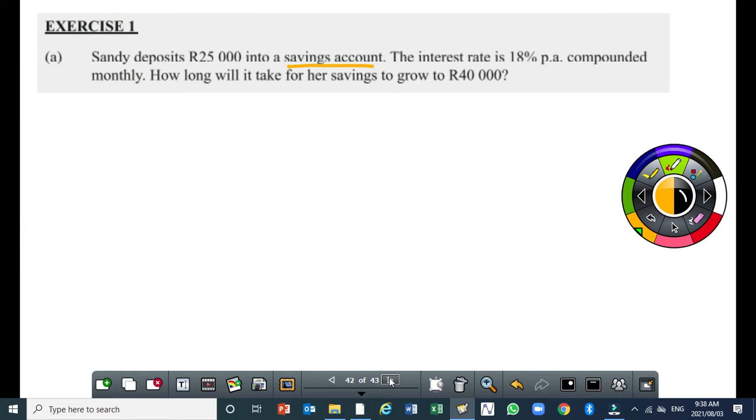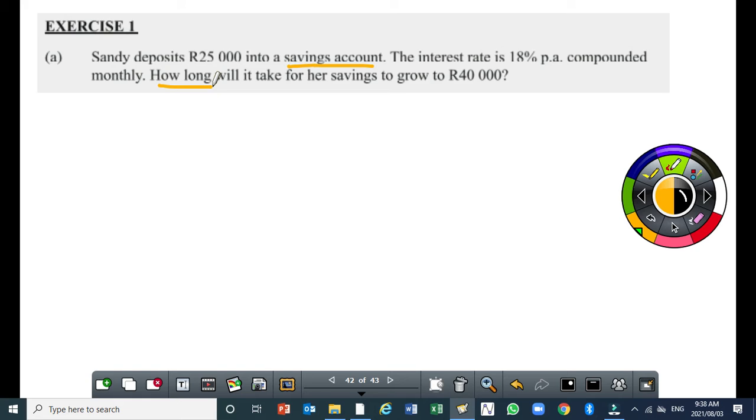The interest rate is 18% per annum compounded monthly. How long will it take for her savings to grow to 40,000 rand?